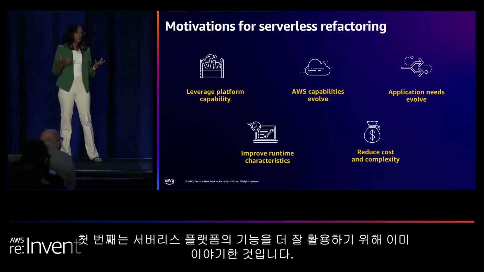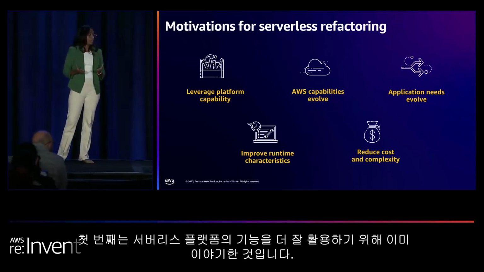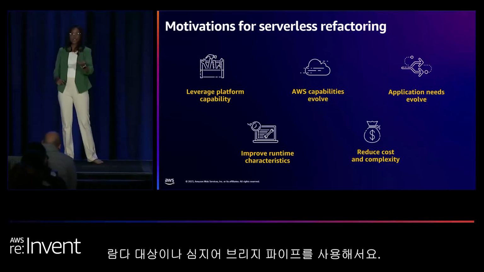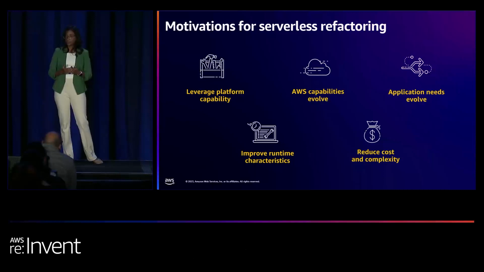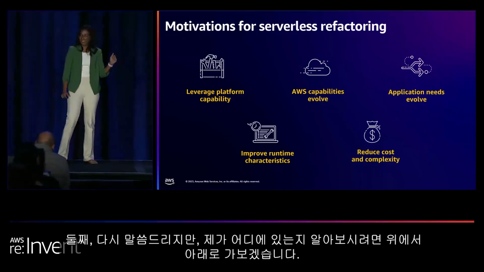The first one we already talked about: better utilizing your serverless platform capabilities by using Lambda destinations or EventBridge Pipes. You get the benefit of the scale and robustness of AWS. Secondly, again, we're going top to bottom if you're trying to figure out where I am.